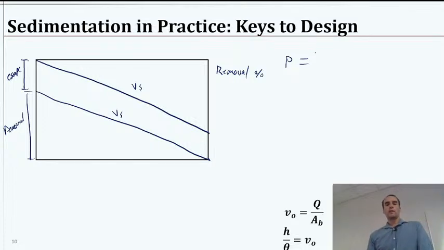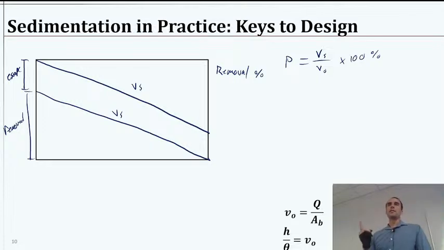So this ratio then is simply Vs divided by V naught times 100%, which ends up being pretty intuitive. If your speed is half of what it needs to be, then the particles starting halfway up the height are going to be removed. Anything further than that won't be. So it's actually quite intuitive as well.